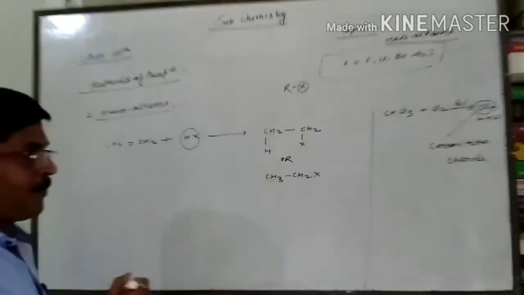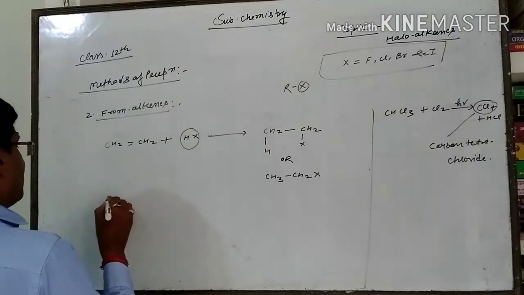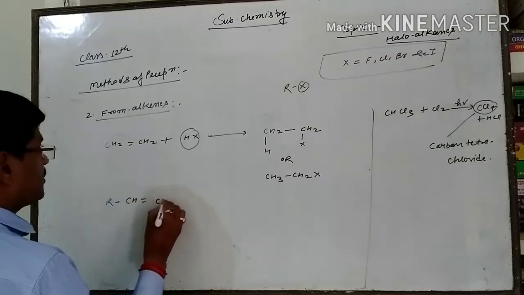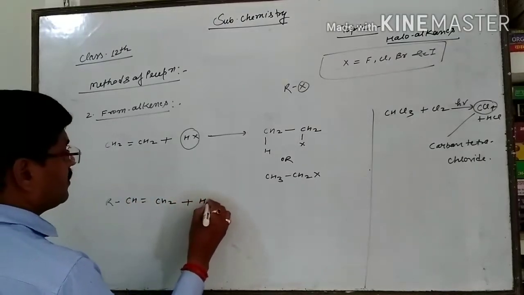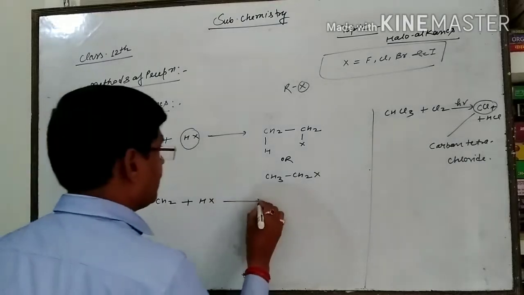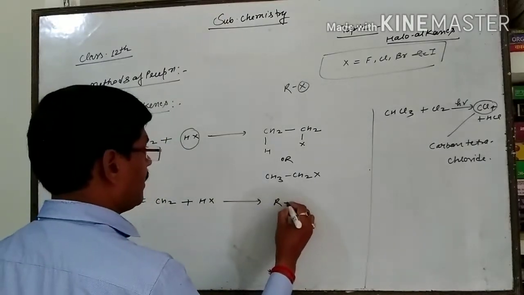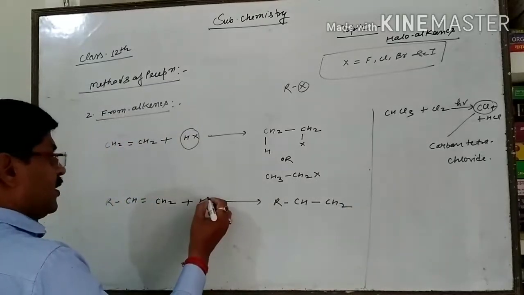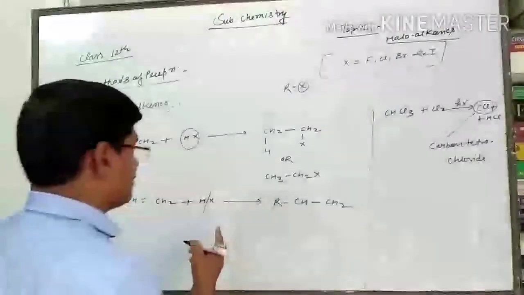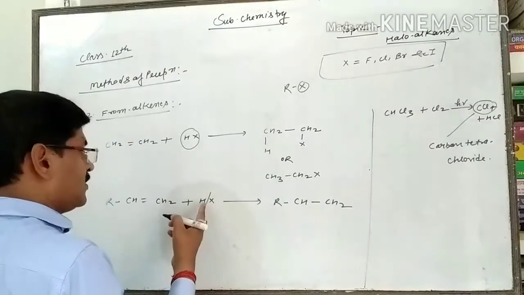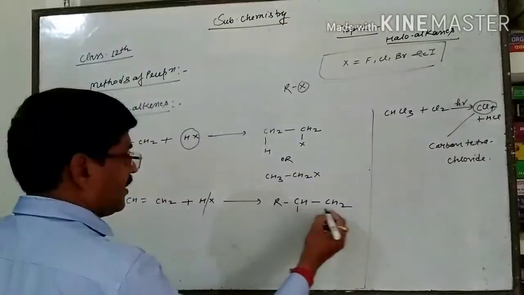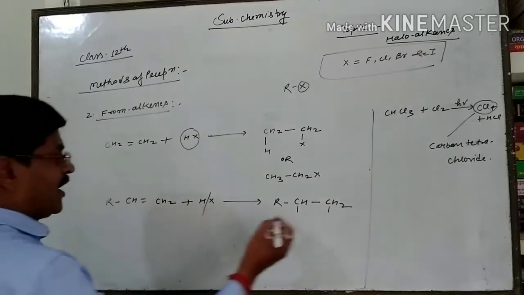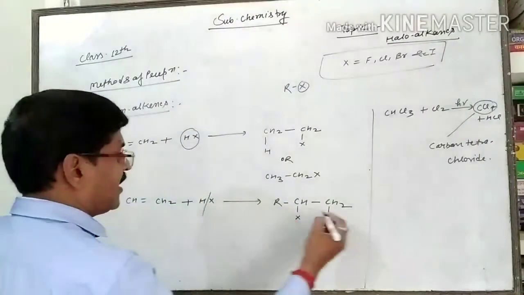If I take another example like RCH=CH2 and once again pass HX, it will give RCH-CH2. All of you know HX has one bond which breaks here, so the negative part is added here and H is added here.